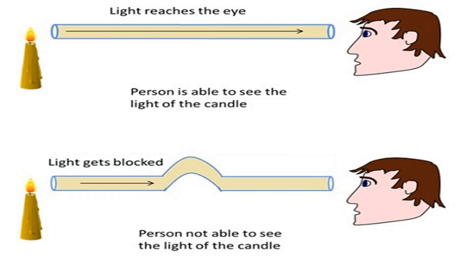You will not be able to see the candle. You will find out that the light from the candle can be seen when the tube is straight. The light from the candle cannot be seen when the tube is bent. This activity shows that light travels in a straight line.